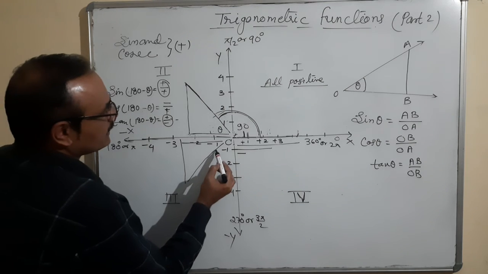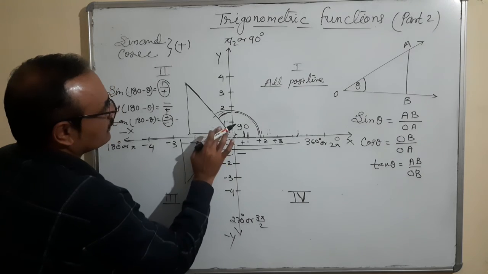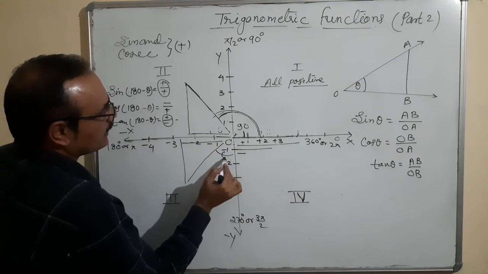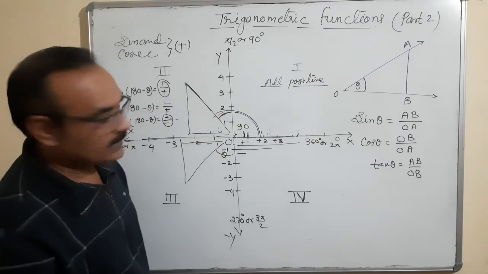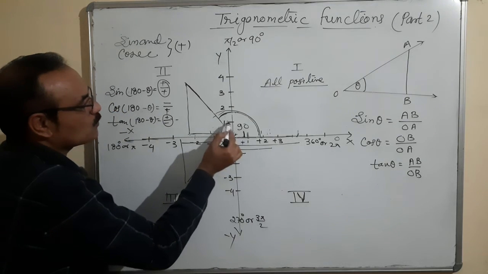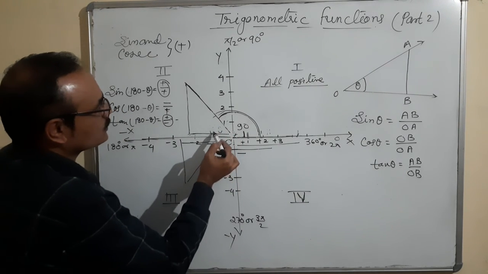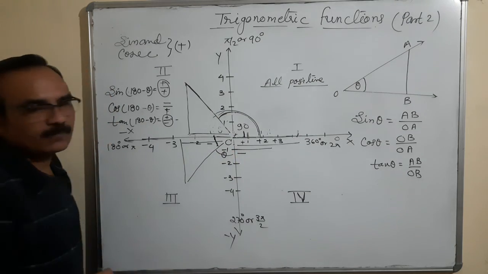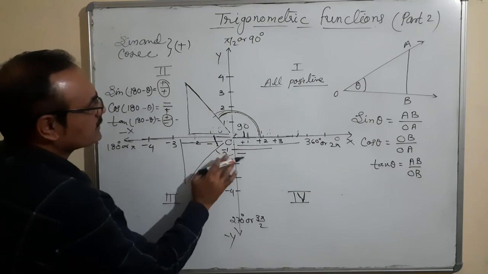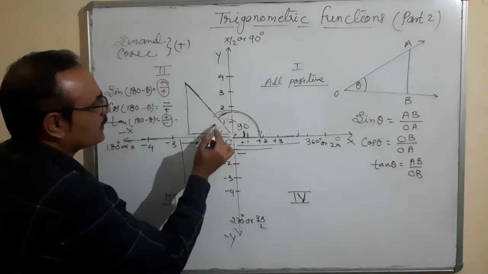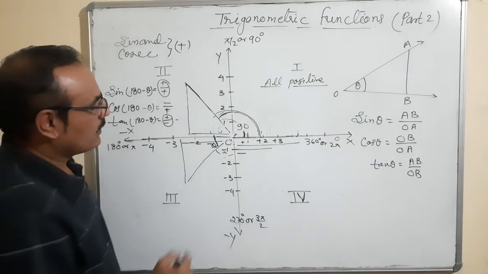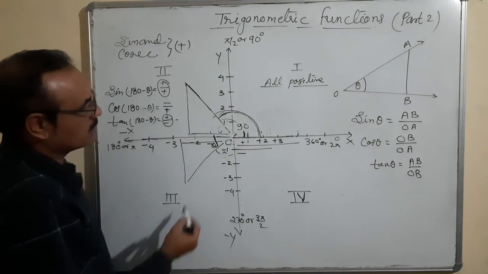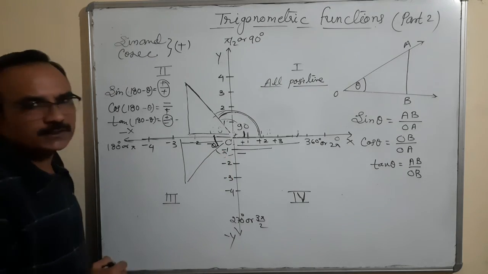If I take this angle as theta, then what happens? This is 180, this is 180 plus theta. Or I can take this angle as theta. So what is coming here? 180 plus theta. Or this is 270 minus theta. So I am taking this 180 plus theta.